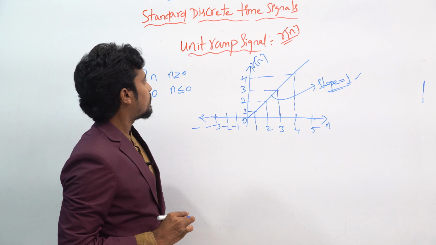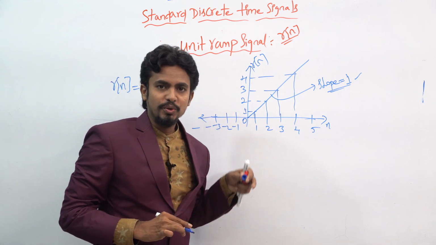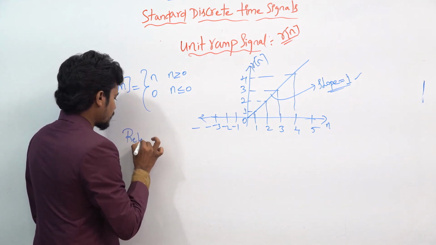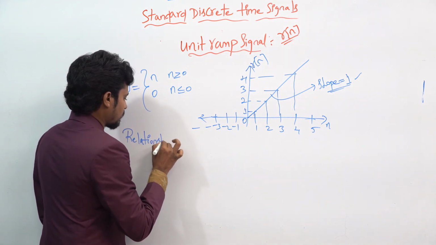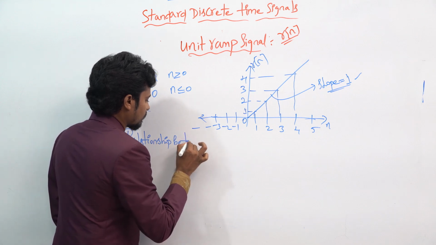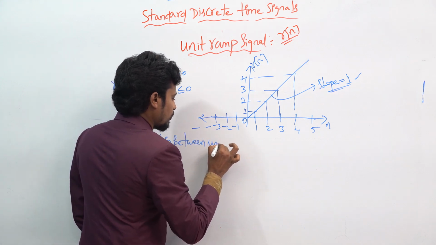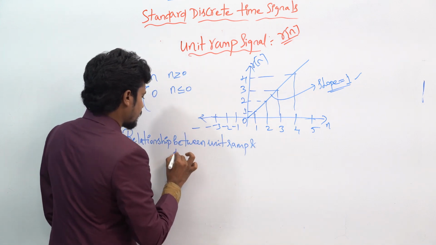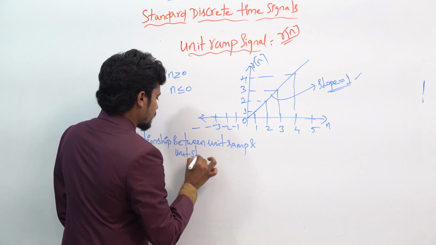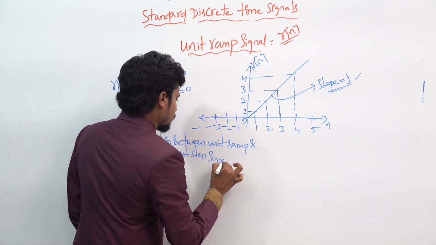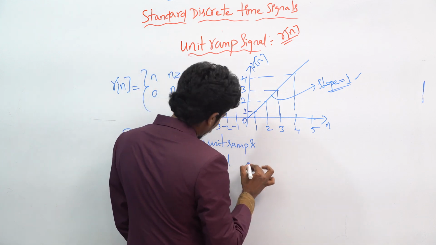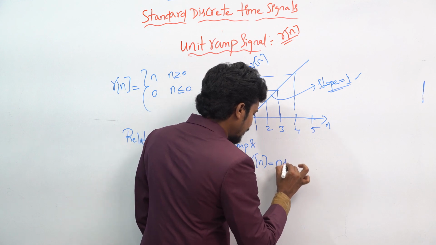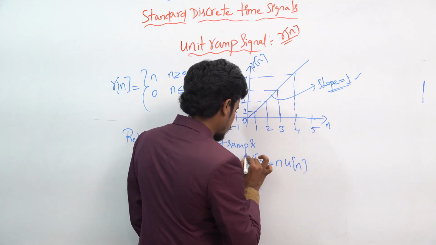There is a relationship between the unit step signal and the unit ramp signal. Let's see that. This is the relationship between unit ramp and unit step signal: r of n is equal to n times u of n.